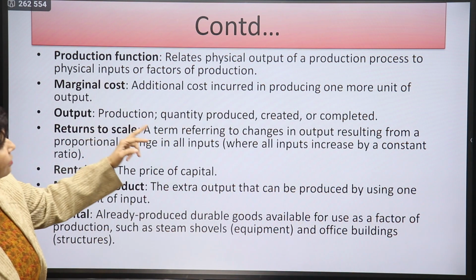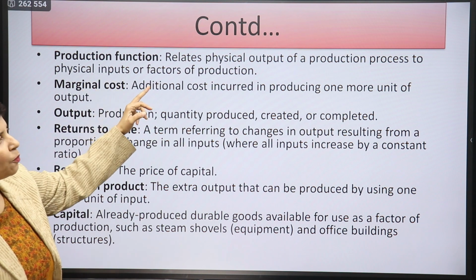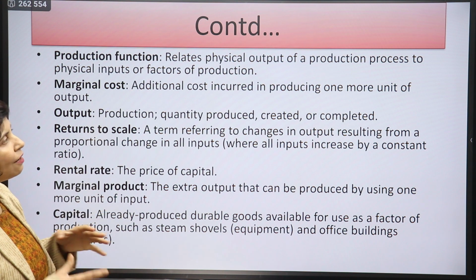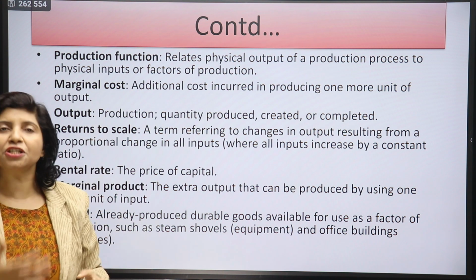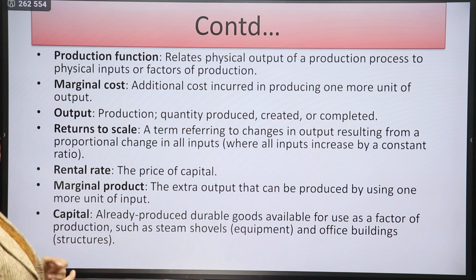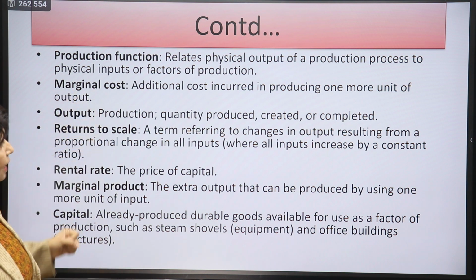So this process, it is a physical output that is given out of production. So production function is a process, or you can say the relationship, which shows relationship between your input and the output.